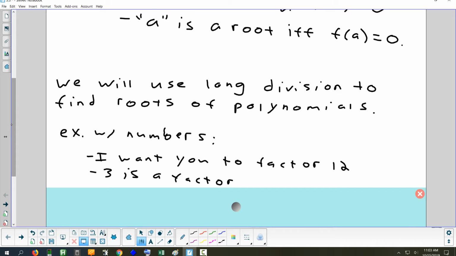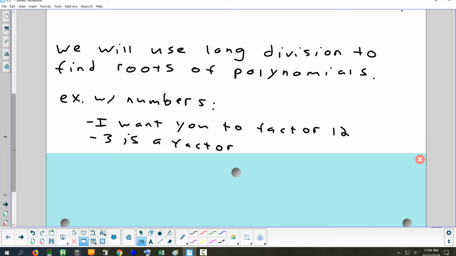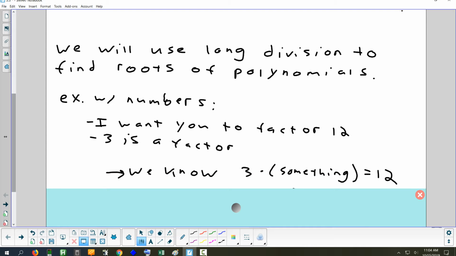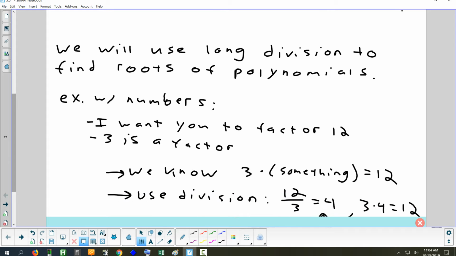Yep, divide 12 by 3. By me telling you 3 is a factor, I'm telling you 3 times something is 12. Your goal is to figure out the something. Like Jared just said, to figure out what it is, divide both sides by 3. Using division, you get 12 divided by 3 equals 4. Now you know what to put right here.